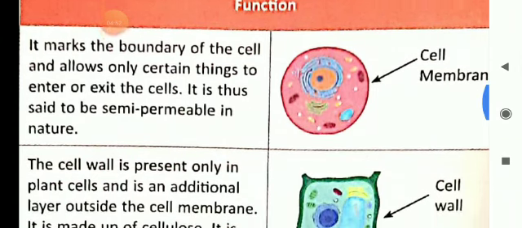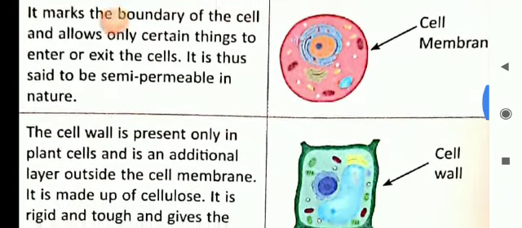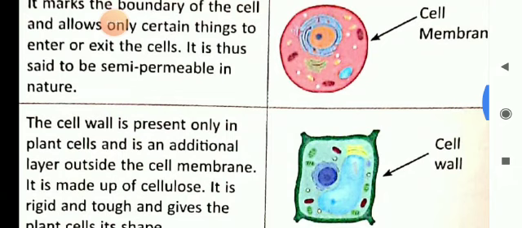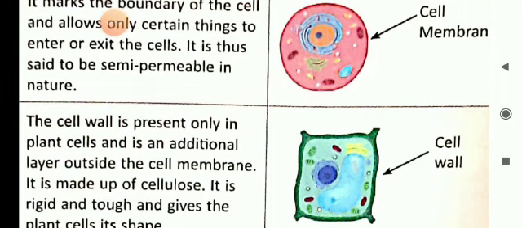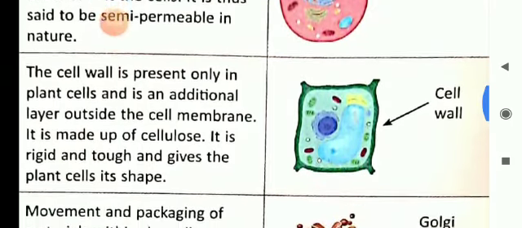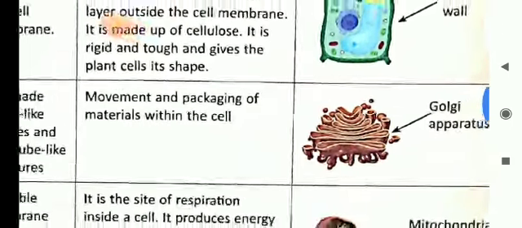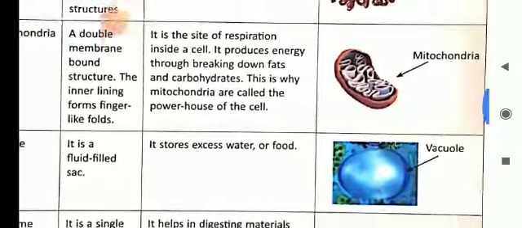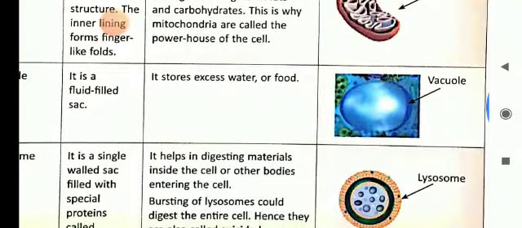So this is the difference between plant and animal cell. In plant cell, there is a large vacuole in the center of the cell, and in animal cell, there are small vacuoles or sometimes no vacuoles present. It stores excess water or food.